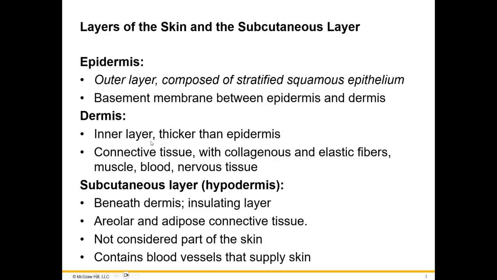The dermis is the inner layer. It's thicker than the epidermis. And this is the part that contains lots of different materials, connective tissue with collagen and elastic fibers, but also muscle, blood, nervous tissue. And then we have the subcutaneous layer, the hypodermis, which is beneath the dermis.